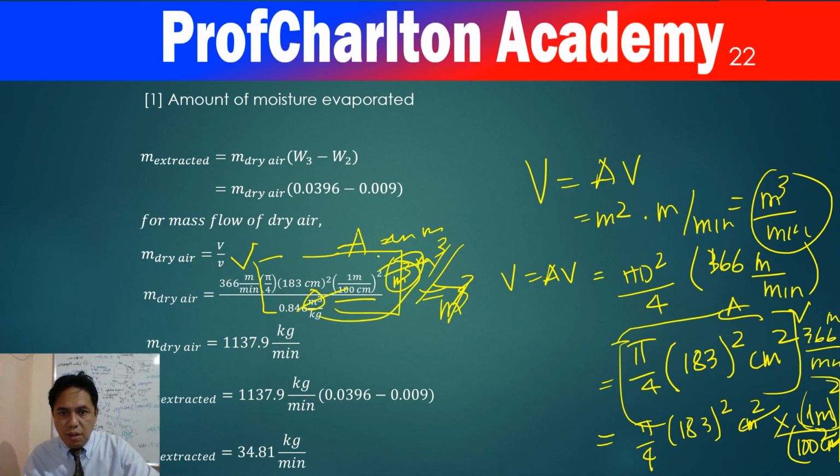Then kilogram will go here in the numerator, and the other one is the minute, right? So it becomes kilogram per minute. So this is the mass.